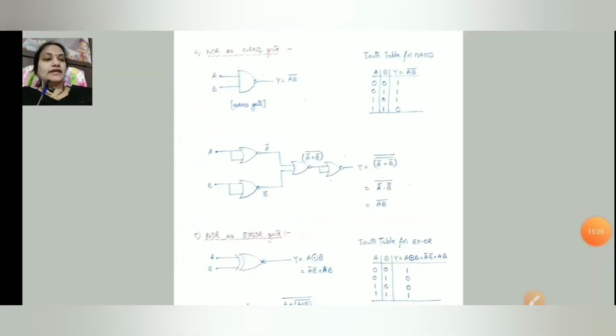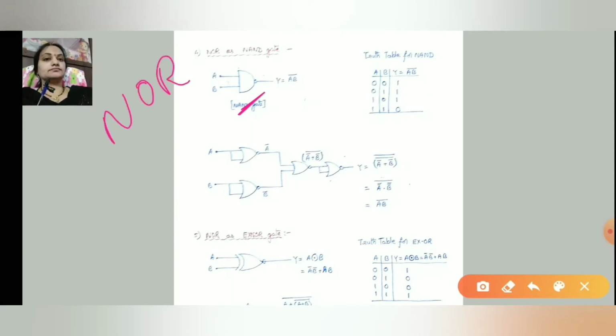Now, let me explain how a NAND gate can be derived from NOR gates. So, this is the circuit to derive a NAND gate. According to the definition of a NAND gate, what is the output?